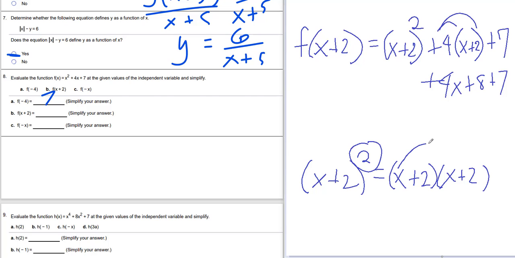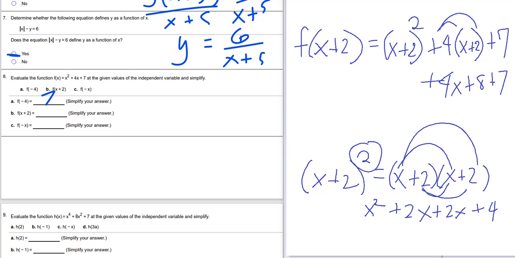That is, we multiply the first two, x squared, the outer two, 2x, the inner two, 2x, and the last two, 4. And then if I have like terms, which I certainly have here, 2x and 2x is 4x, I combine those terms together. So here I have x squared plus 4x plus 4, and then it's plus the 4x plus 8 plus 7.